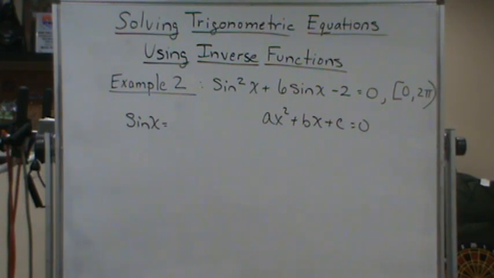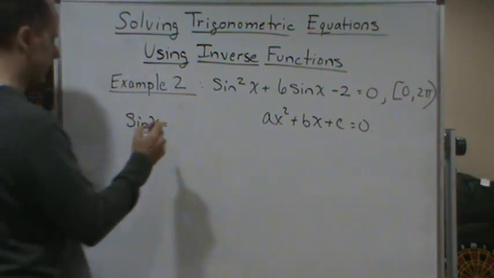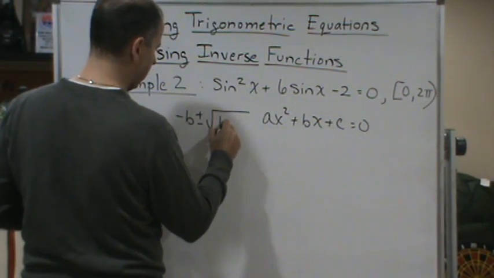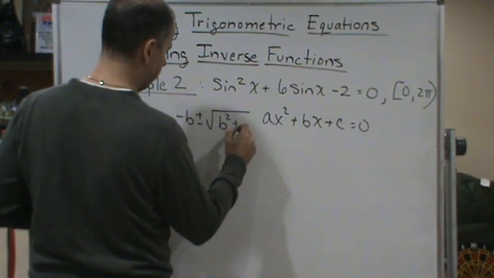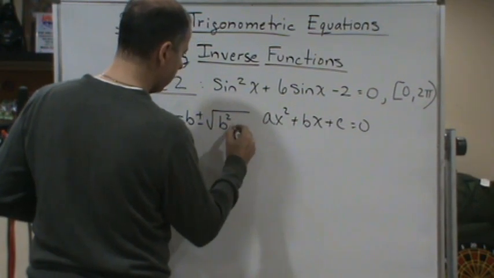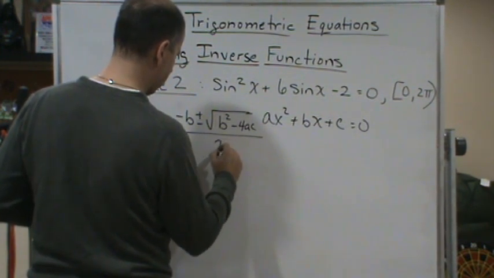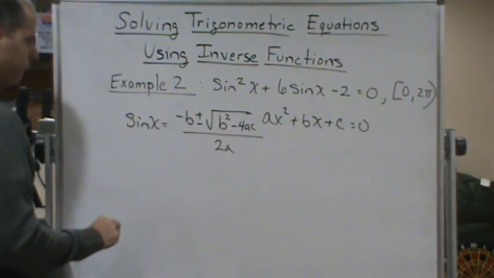This is where, again, you're going to have to review or look it up. So A is 1, B is 6, and C is -2. So remember, it's negative B plus or minus the square root of B squared minus 4AC over 2A, right?